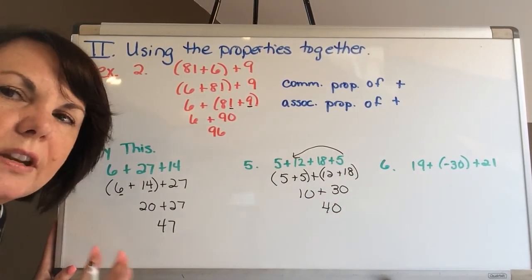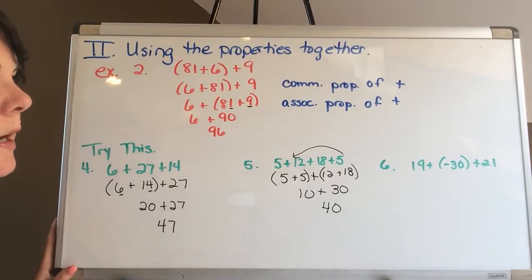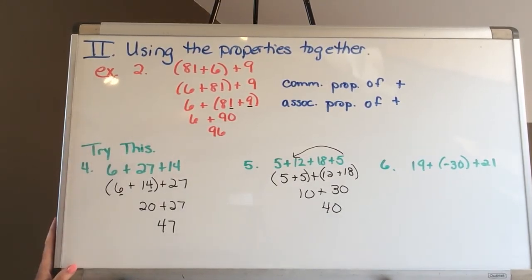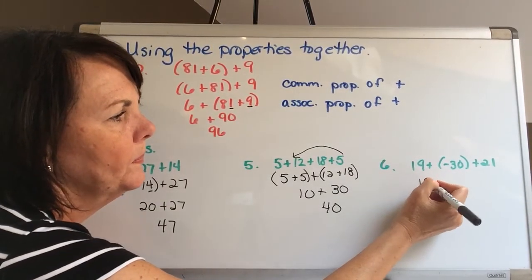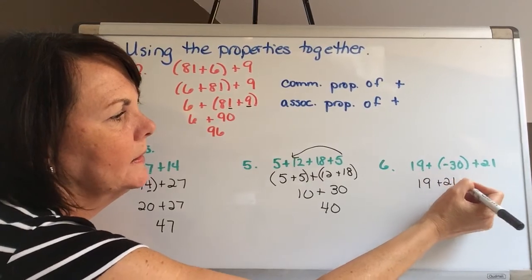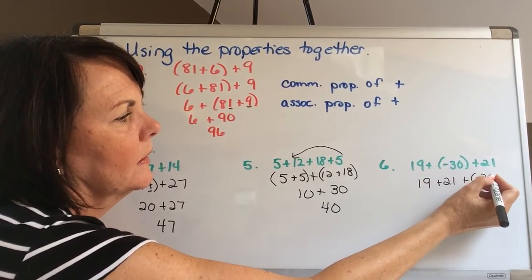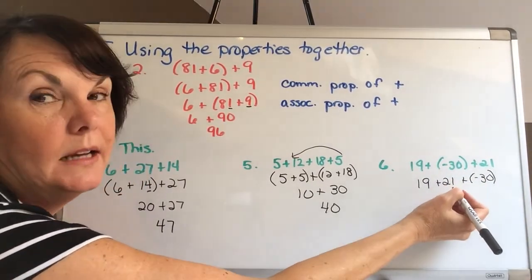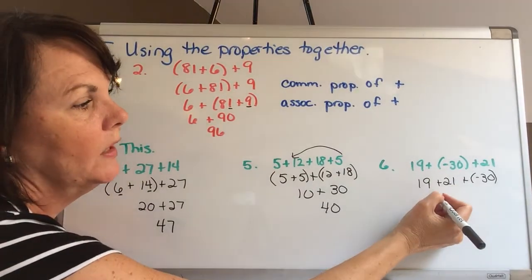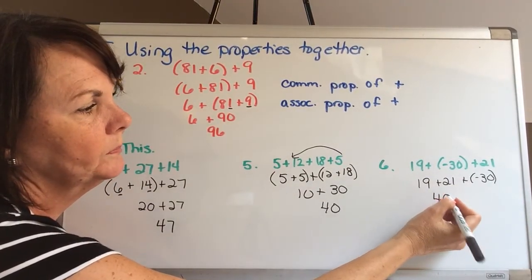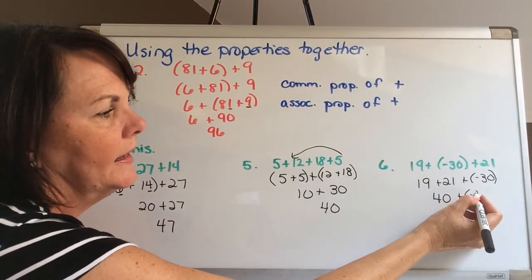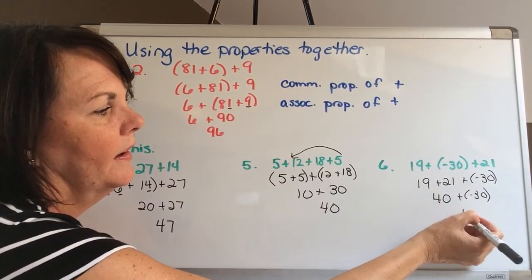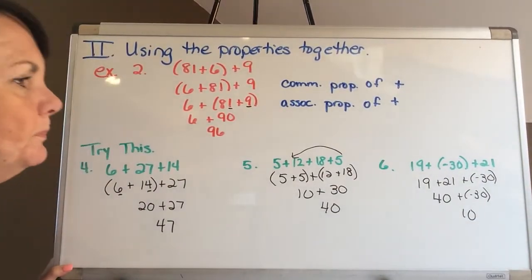Those numbers just go together a little bit nicer. Now I can have an integer in there, 19 plus a negative 30 plus 21. Well, think about it like this. 19 plus 21, that will give me 40. Plus a negative 30. That's a positive 10.